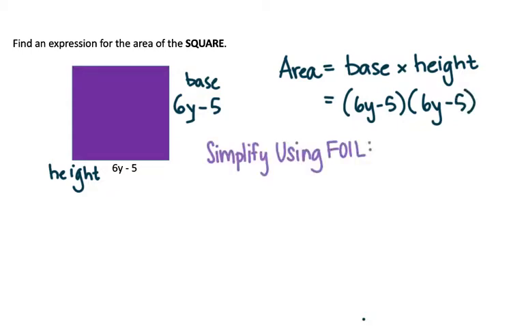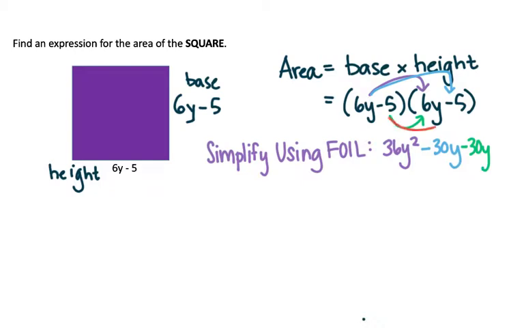So like usual, we could simplify using the FOIL method, where we multiply each term by each term. In this case, we would get 6y times 6y is 36y squared. And then we would get 6y times minus 5 is minus 30y. Then minus 5 times 6y, minus 30y again.